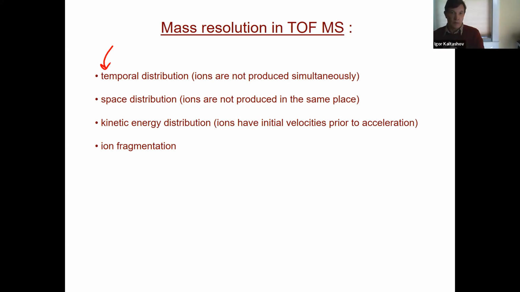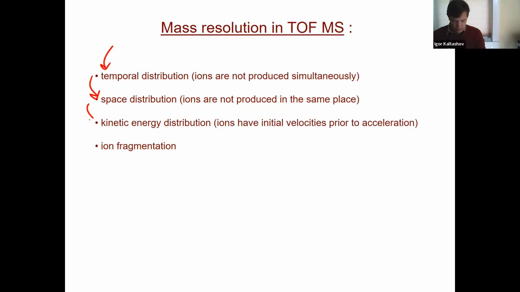That would limit your resolution. Space distribution: ions are not all produced in the same space. Some of them are closer to the exit plate, some further from it, and that would result in ions going through slightly different potential differences. So the accelerating voltage that each individual ion experiences would vary slightly, and that would be translated into variation in the velocity.